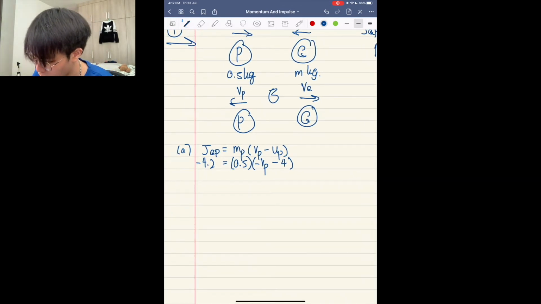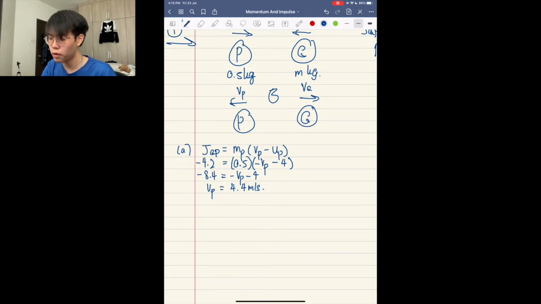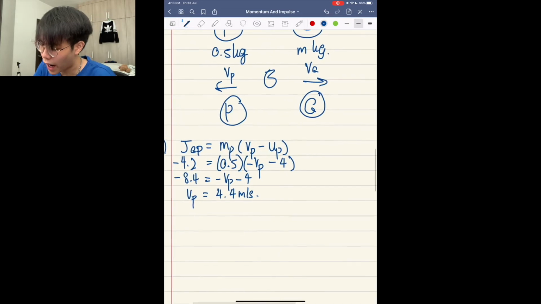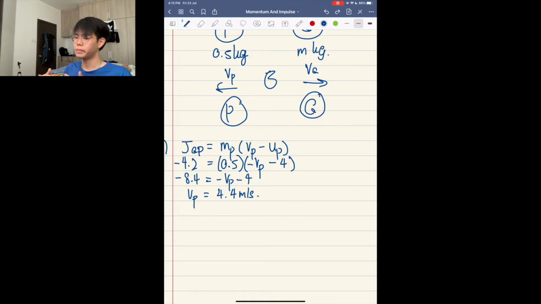Now we arrange the equation, multiply both sides by 2, which gives 8.4, and minus VP minus 4. So VP is 4.4 meters per second. The 4.4 is positive, but that doesn't mean it's going to the right, because before the calculation I already put the negative inside, which means the final velocity of P is negative, going to the left.